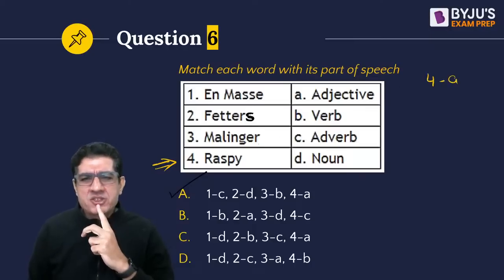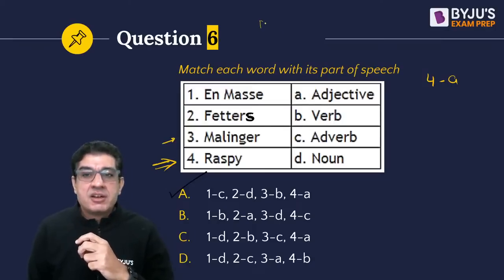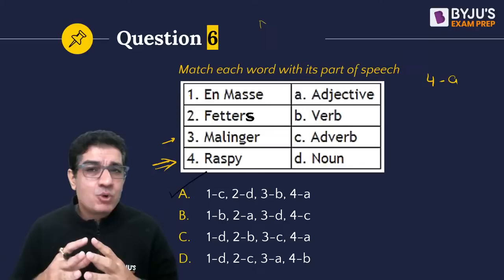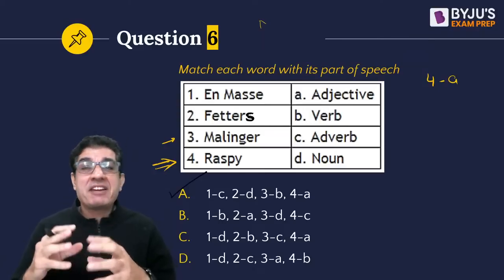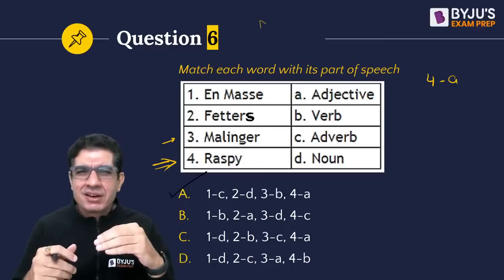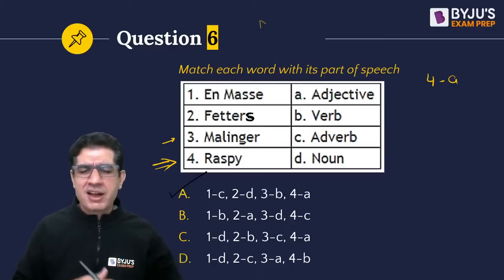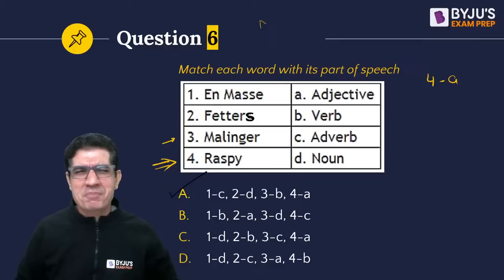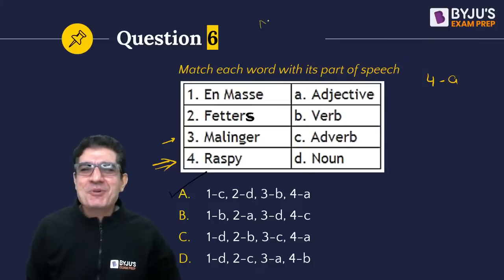Then what else do we know? Okay, here is the word malinger. There are some people who try to avoid work by faking an illness, especially young kids. When they have to go to school, they'd say, "Yaar, I have a stomach ache, my stomach is hurting." People who feign illnesses in order to avoid work, you'd call such a person a malingerer.